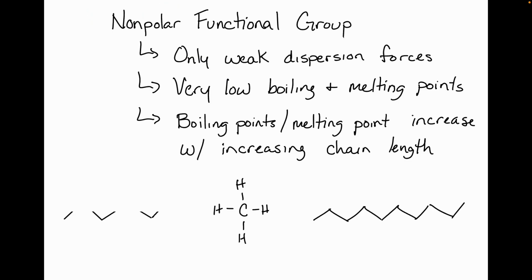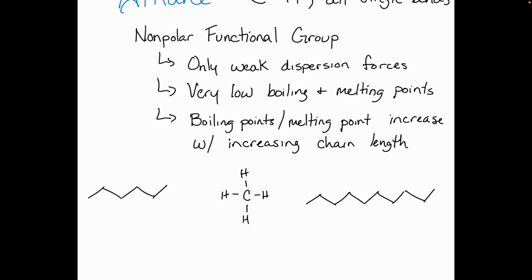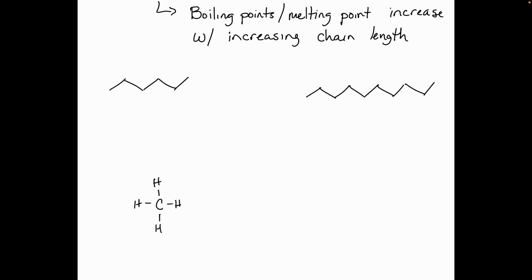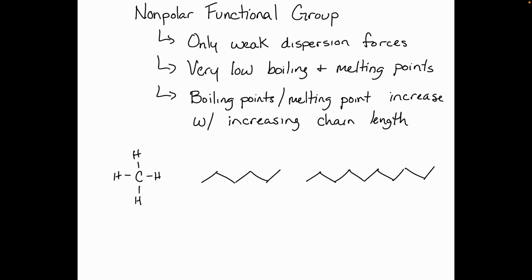My hexane is too ugly. I got to redo that. Okay. Which one of these is going to have the lowest boiling point, out of the 3? The A, B, or C? B, right? The one with the least number of carbons, smallest amount of surface area. In the middle would be hexane. And then the one with the highest boiling point would be decane.